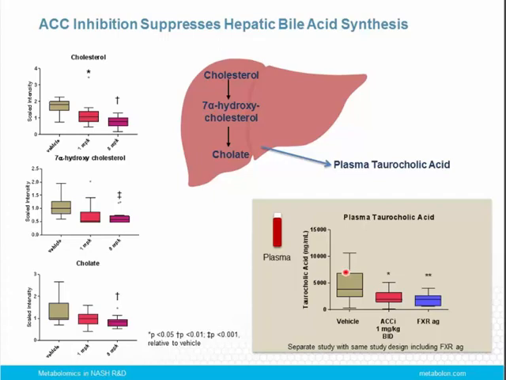If you look at measurements, this is actually done in a separate study of plasma taurocholic acid. We can see that ACC can significantly reduce these to a similar extent that an FXR agonist can. And so this is interesting to us. We would like to test further whether combinations of ACC and FXR might impact bile acid synthesis.